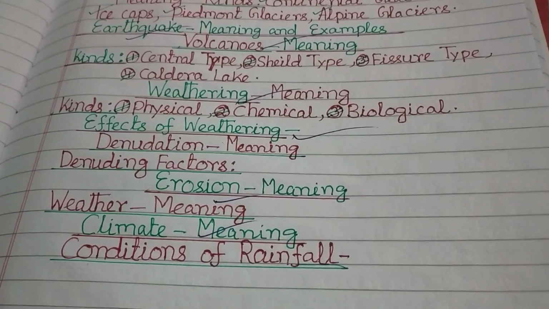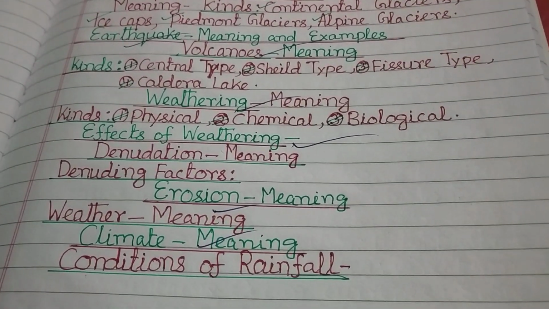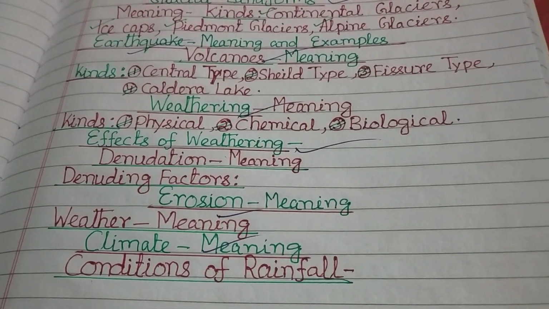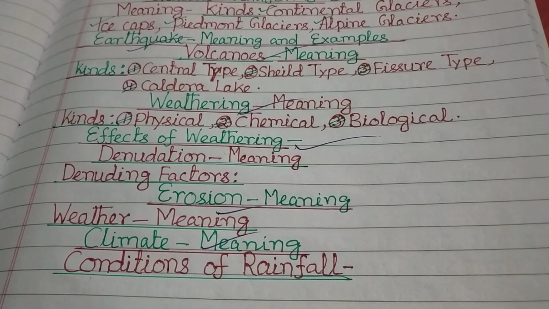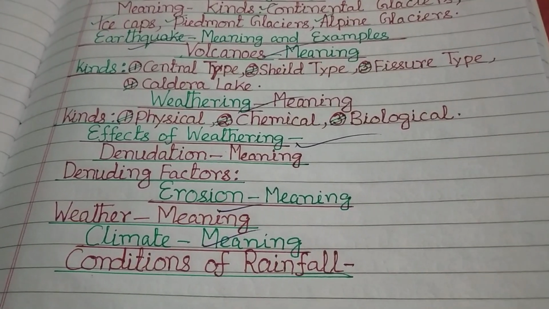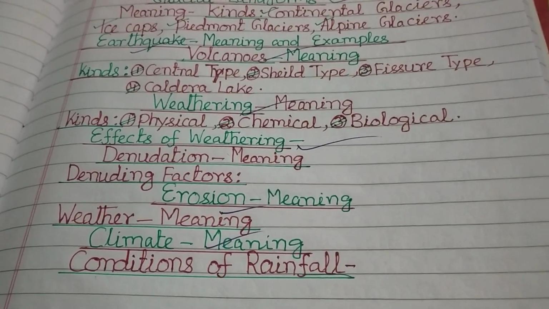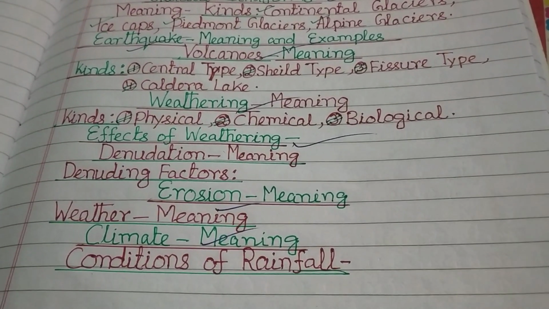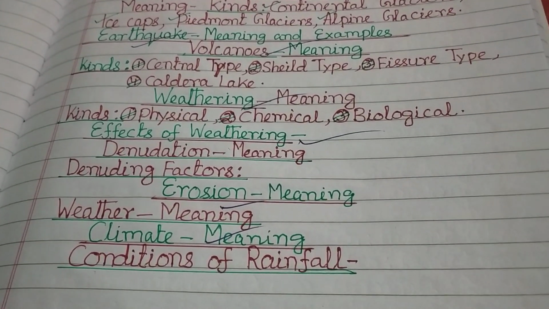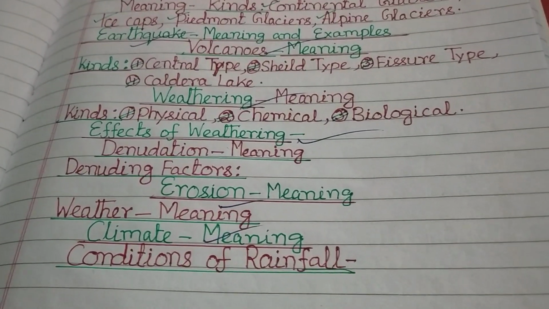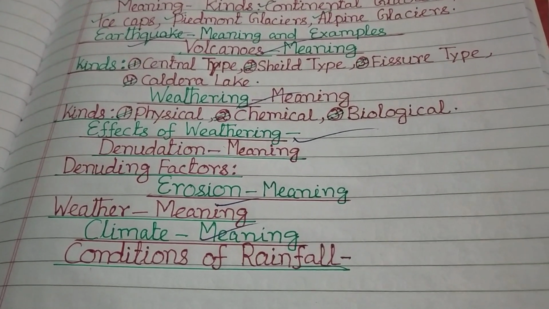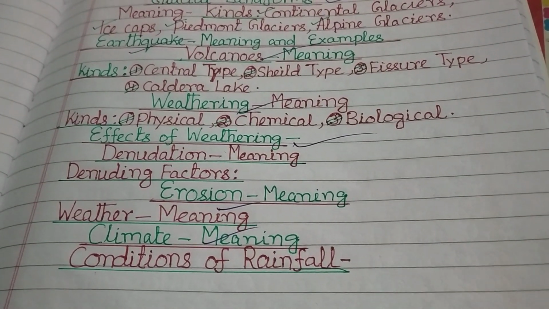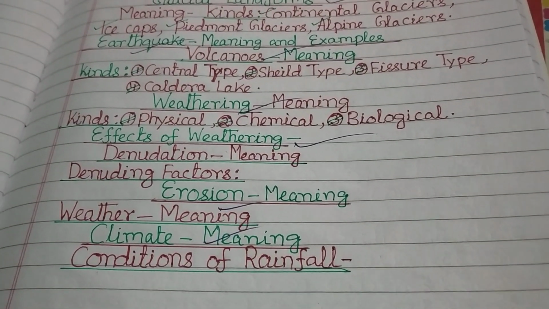And the third one is biological weathering. This refers to disintegration, break-off and decomposition of rock masses by plants, animals, and activities of man. Plant roots penetrate the cracks in rocks or at the rock base and dislodge large blocks from the cliffs.